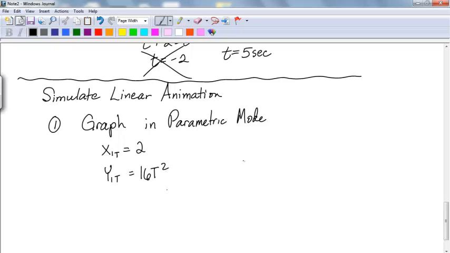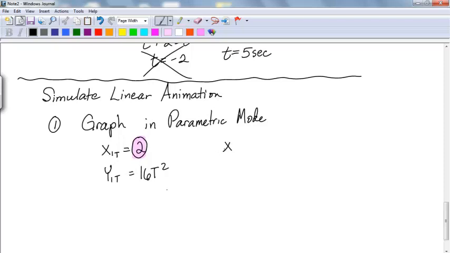Okay, so you need to go into parametric mode on your calculator. And I'm going to give you a window too. When you're choosing your window, if your x value is 2, then make your window so 2 is going to be in there.